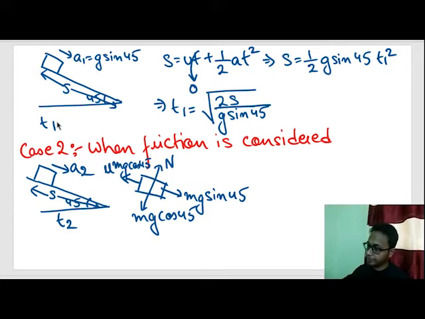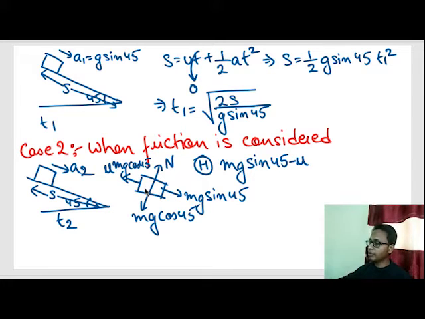Okay, so the horizontal component of the equation, I am writing down the equation on this side. mg sine 45 minus mu mg cos 45 is equal to mass into acceleration in this component, or a2.